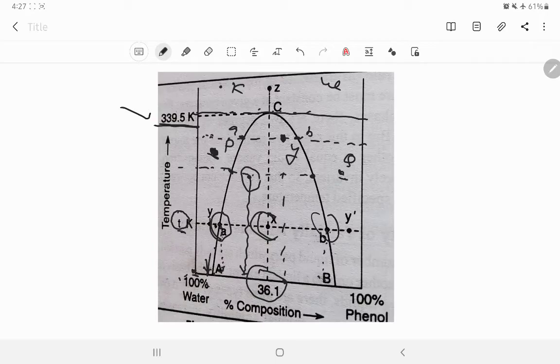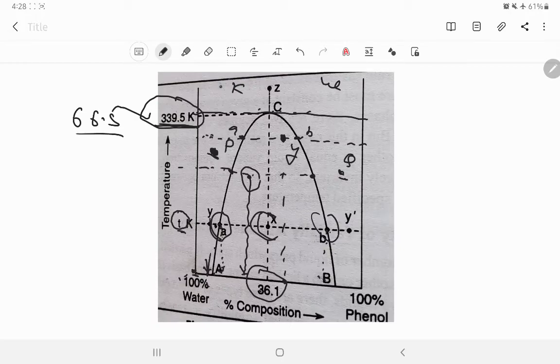It consists of 36.1% of phenol in water. Okay, but this is more important: the upper CST is 66.5 degrees Celsius. Got it? What is upper CST and what happens in case of phenol-water system?